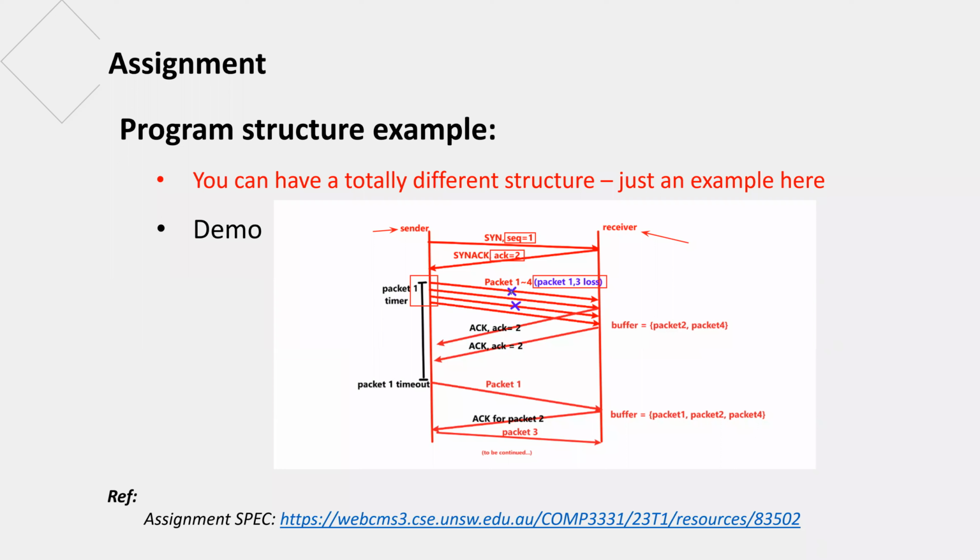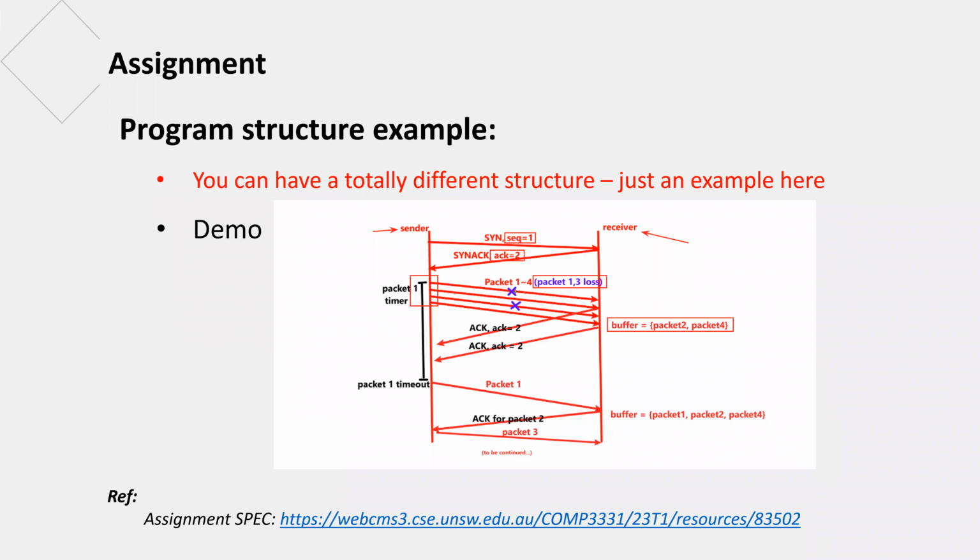If you have 2 packet losses, the key thing is what acknowledgement number you should reply for packet 2 and packet 4, because on the receiver side, you already got packet 2 and packet 4. This is very important, and we will check your logs on the receiver side and the sender side.